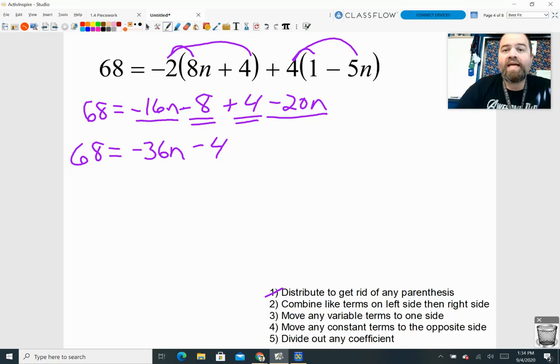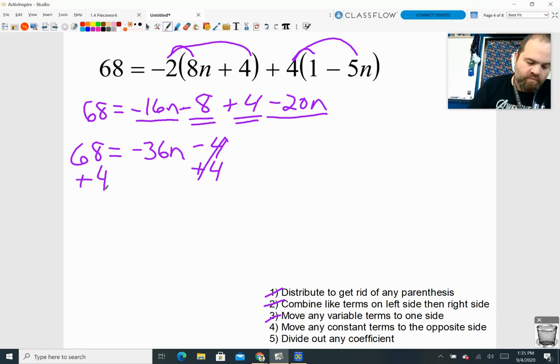Okay, I've got that condensed down to one of my 2-step equations we were talking about. Move any variable terms to one side. I don't have any variable terms to move. They're all together in that negative 36n. I'm going to move my constant term to the other side. I want my variables on one side and my constant terms on the other. So I'm going to add that. It's 72.